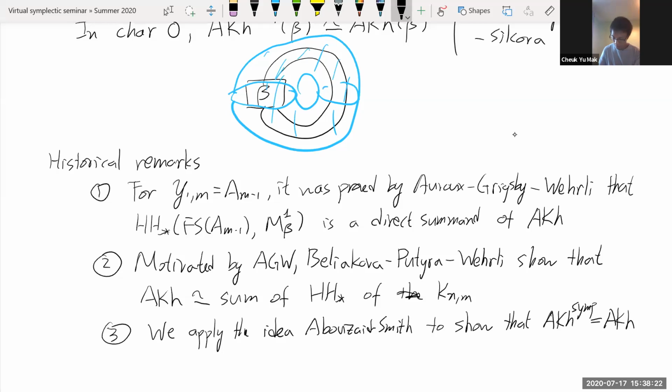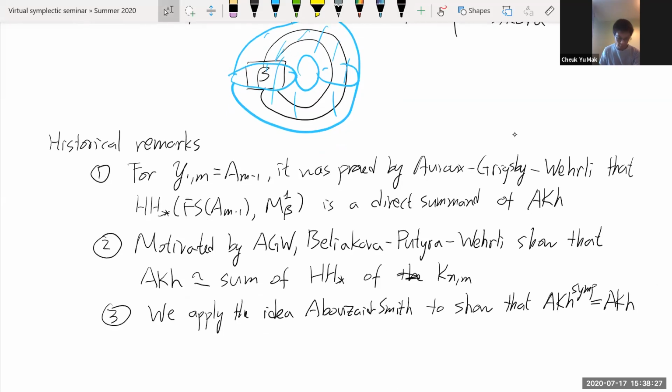So most of the proof in this theorem is to set up the correct framework to deal with what happens at infinity.